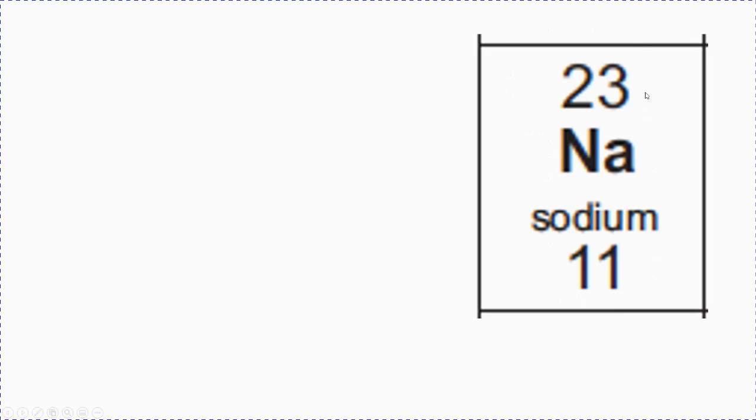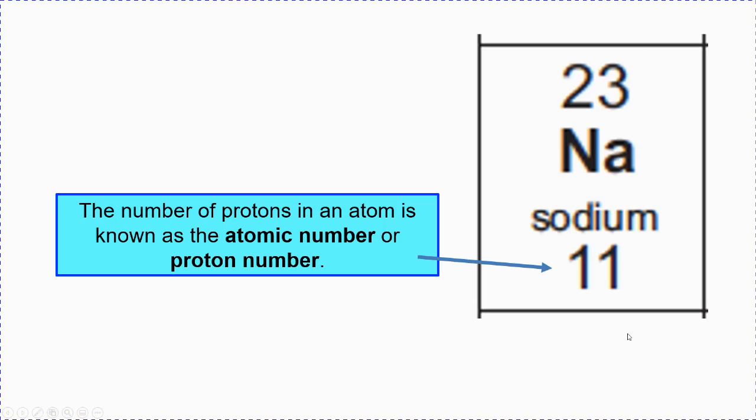So in your periodic table, you've got the symbols of the elements along with 2 numbers, okay? Sometimes they're the wrong way round, but they've got 2 numbers. Now, the small number tells you how many protons there are in the nucleus, okay? So the small number is the number of protons.